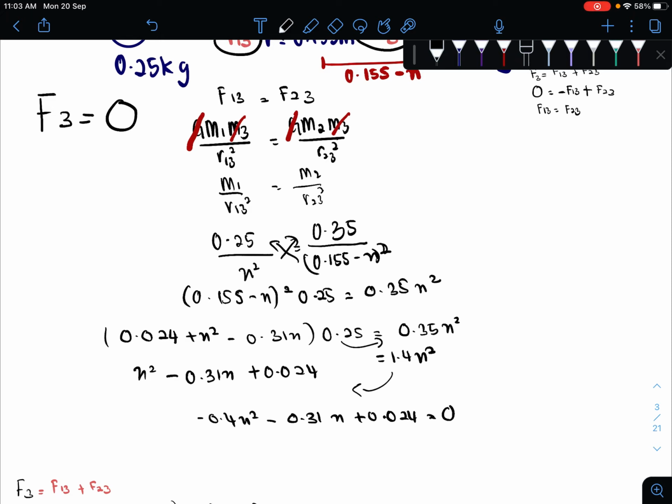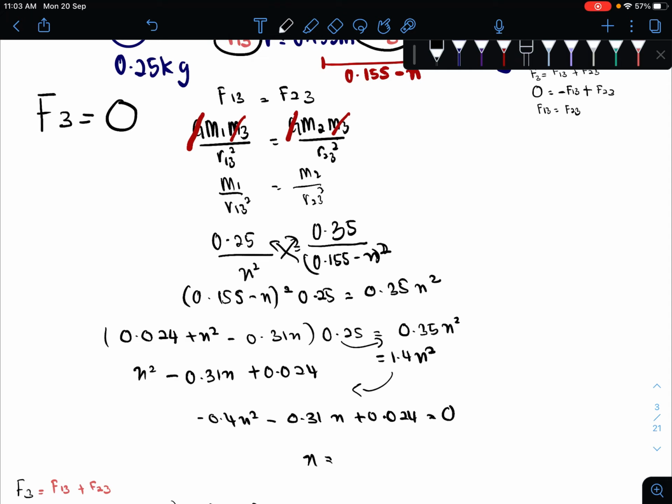Negative 0.4, negative 0.31. Tertinggal negative, sorry. Let me recalculate this equation. Degree 2. First one is negative 0.4, negative 0.31, and then 0.024.